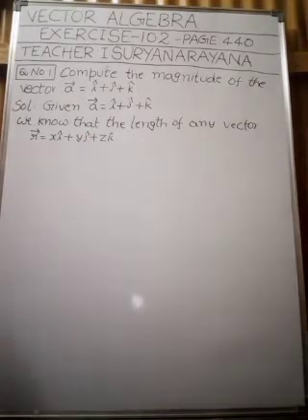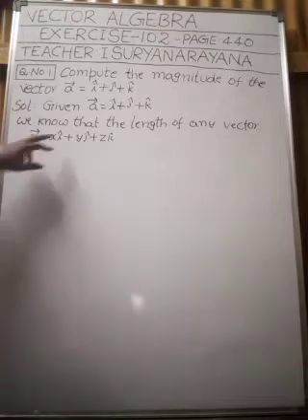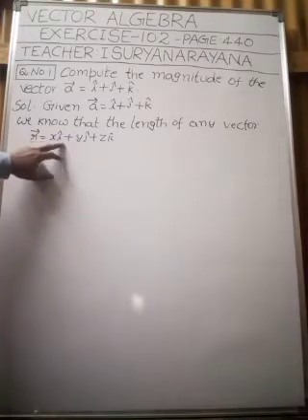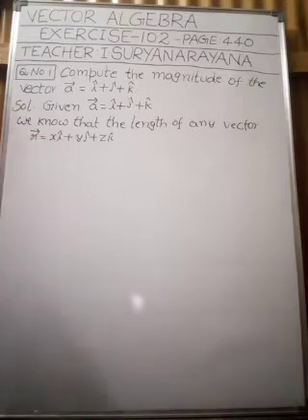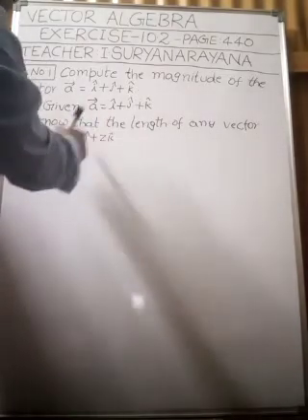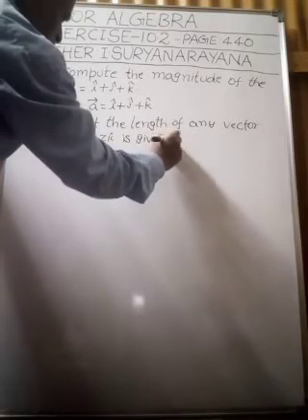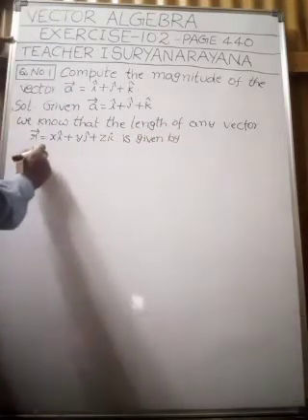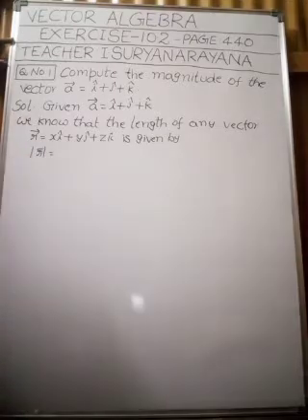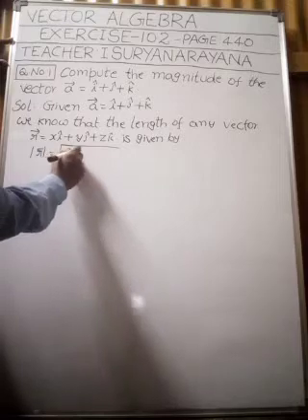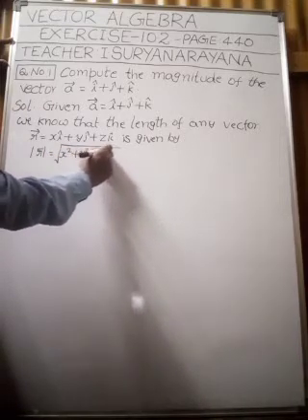If the vector is given in this component form, then the length of the vector is given by modulus of r bar is equal to square root of x square plus y square plus z square.